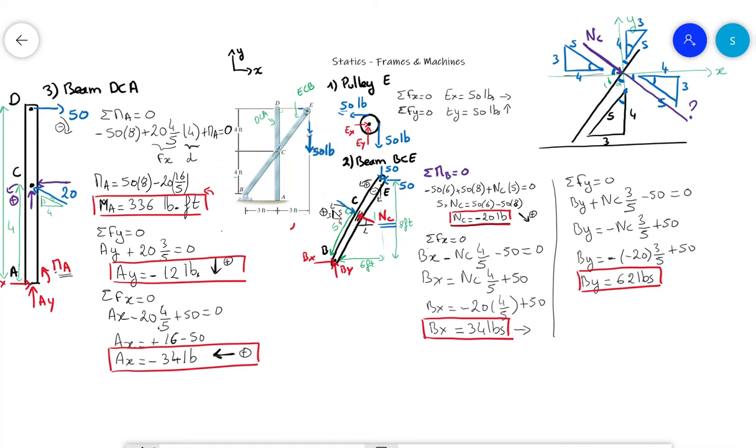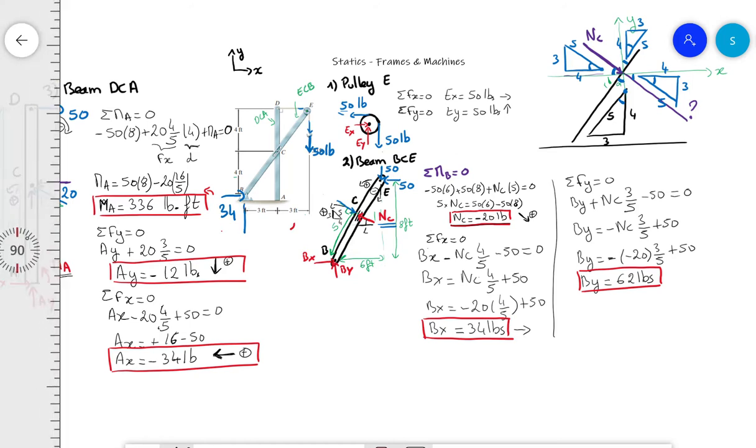What we found is Bx equals 34, By is equal to 62, Ax is going to the left 34, Ay is going down 12, and we have a moment at A that is equal to 336.